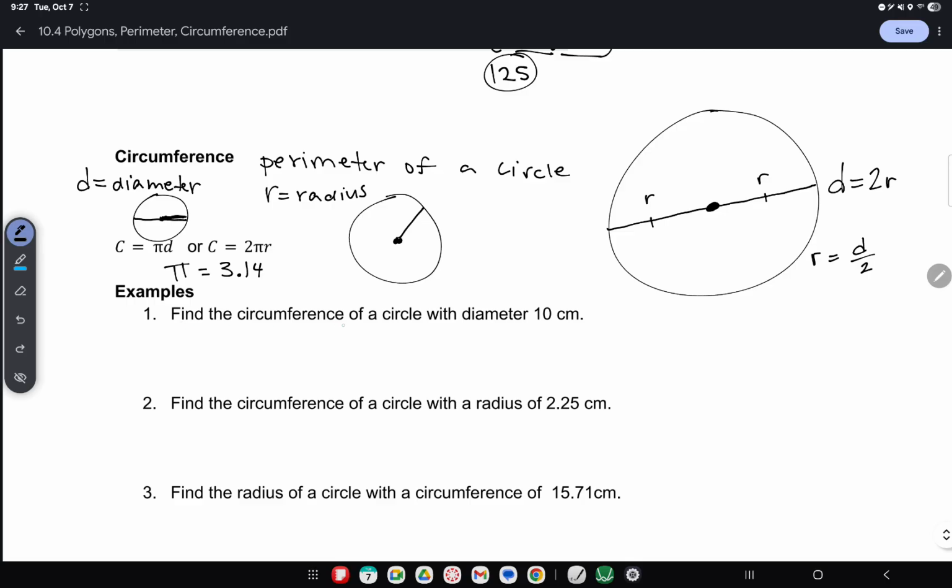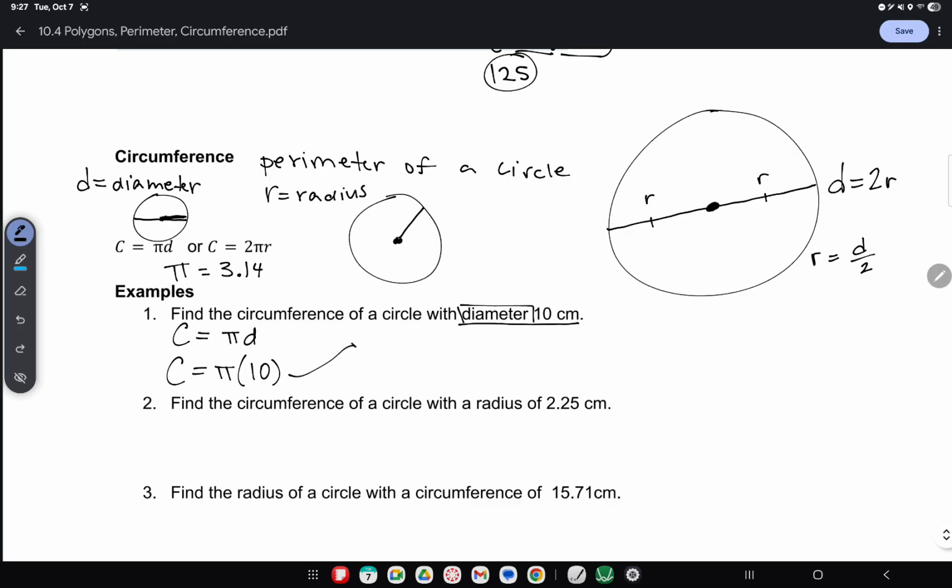So find the circumference of a circle with a diameter of 10 centimeters. Because I have the word diameter, I'm going to use circumference is pi times the diameter. So circumference is pi times the 10 centimeters.